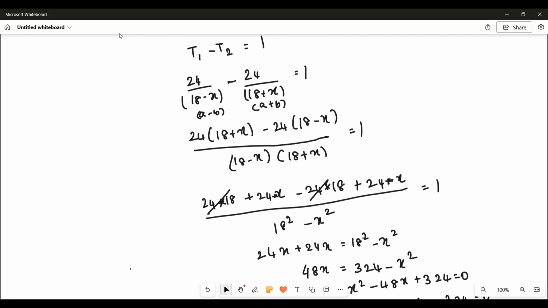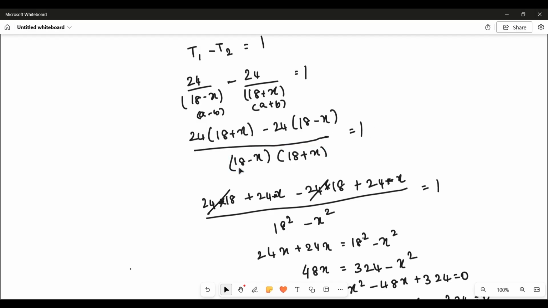Now here, what we have done is taken the LCM. The LCM is 18 minus x times 18 plus x. When we take the LCM, we get 24 times 18 plus x minus 24 times 18 minus x equal to 1.